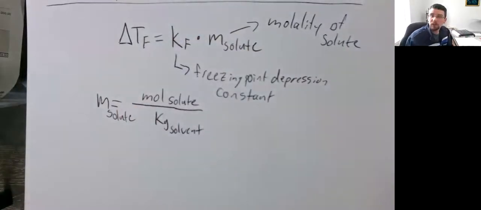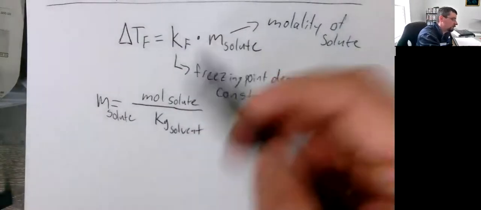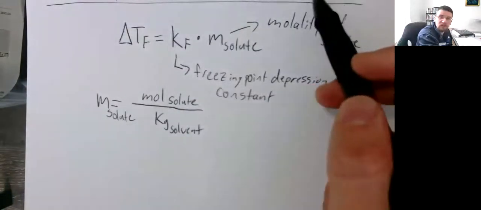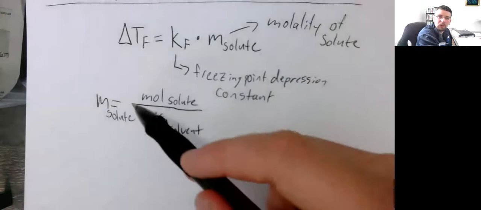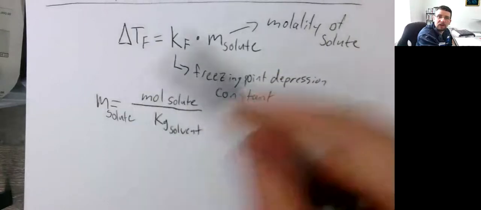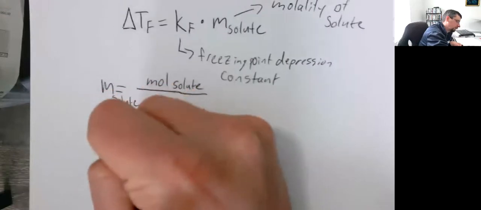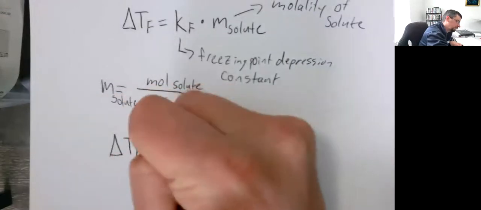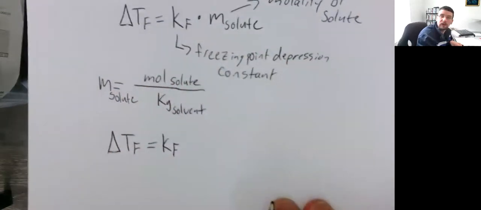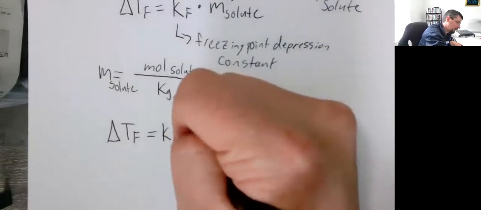Okay, so what we can do is find a relationship between these two equations. We're trying to get to a molecular mass. If we plug this in for molality of solute, our delta TF formula becomes a little more complicated, but we're getting closer to finding molecular mass in here.